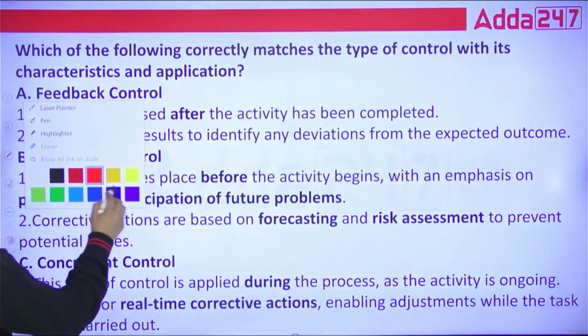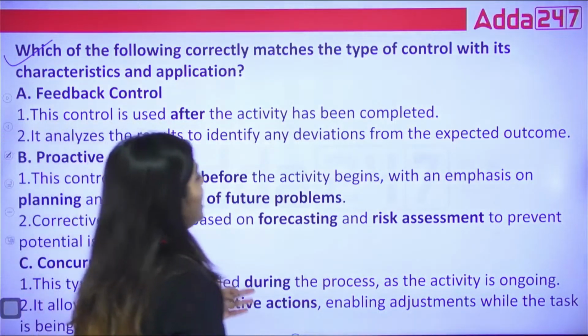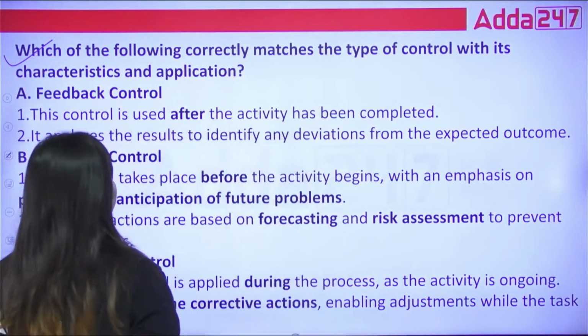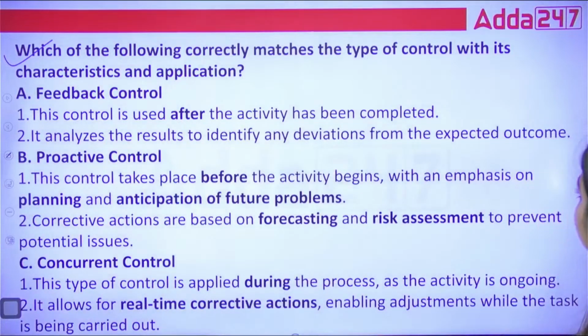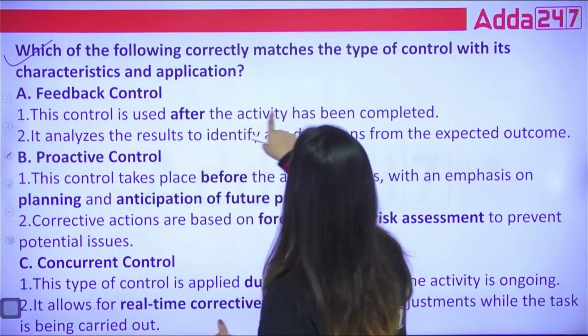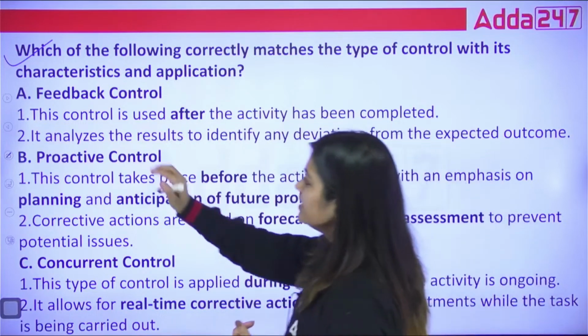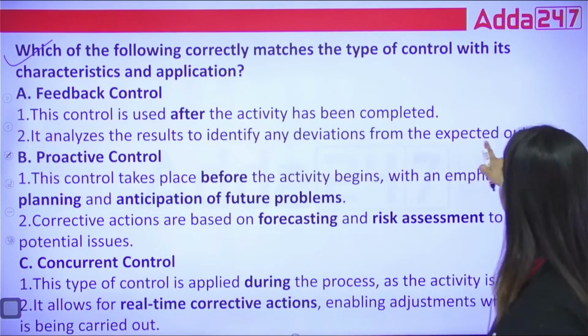Your first question is, which of the following correctly matches the type of control with its characteristics and application? Option A, feedback control, in which this control is used after the activity has been completed. Second, it analyzes the results to identify any deviations from the expected outcome.